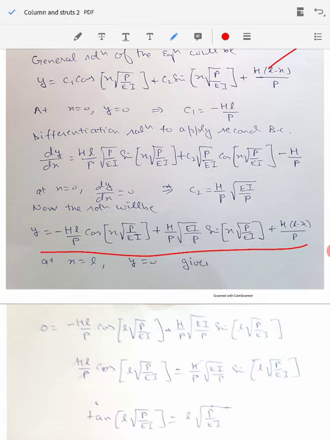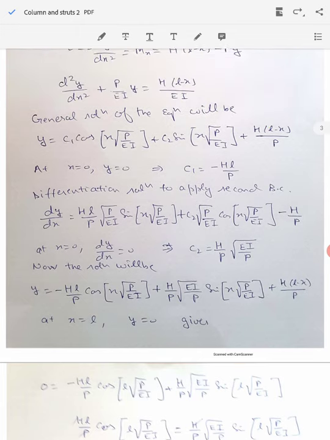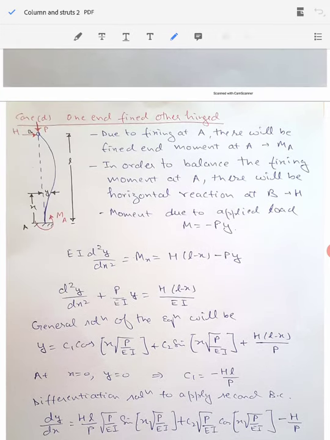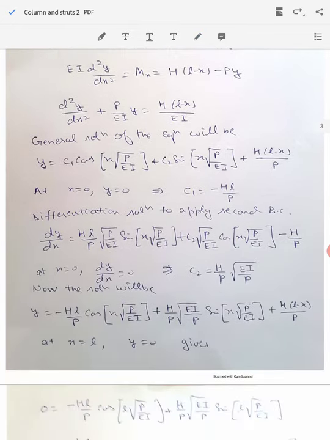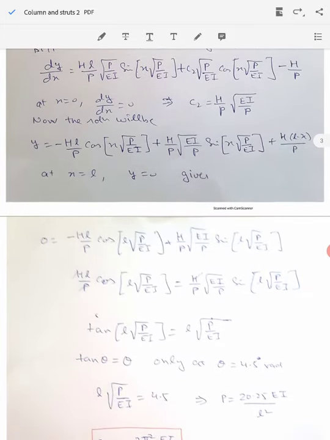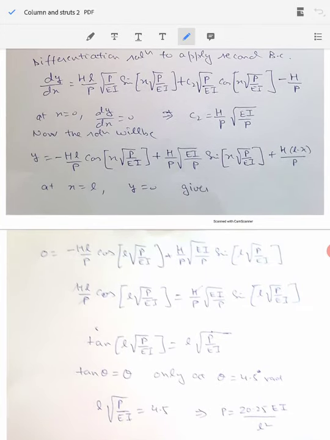Now for this expression, at the other end, at x equal to L, that means at the hinged end, we also know that the deflection is 0. At this end also there is no deflection allowed because it is a hinged end. Slope is not 0 here, but deflection is definitely 0. So we substitute x equal to L, y equal to 0.